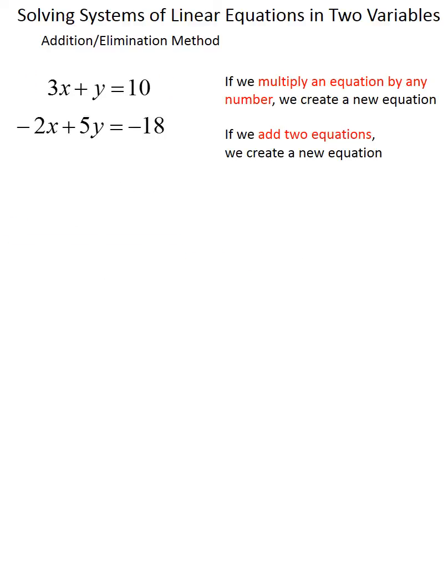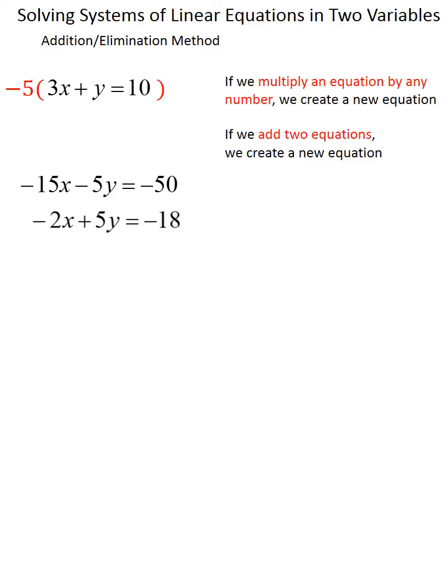Instead of multiplying the top equation by 4, what if I multiplied it by -5? Now that may seem random to you, but you're about to see why that is an excellent choice for a multiplier. Because if I multiply the top equation by -5, and then I add that to the bottom equation, something very helpful happens.